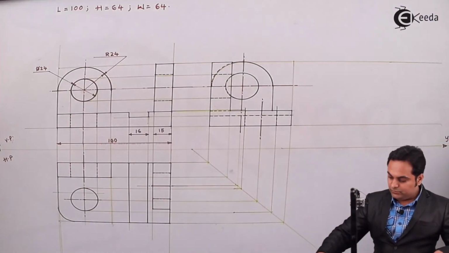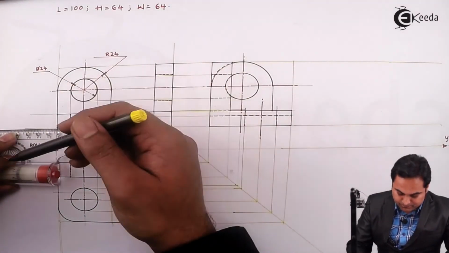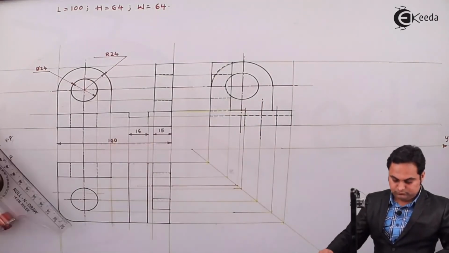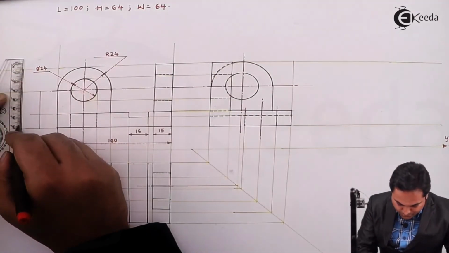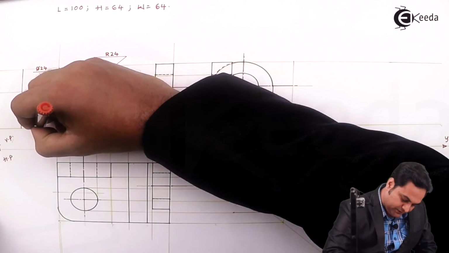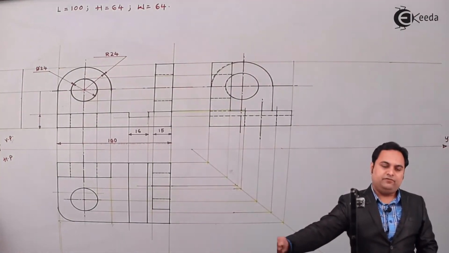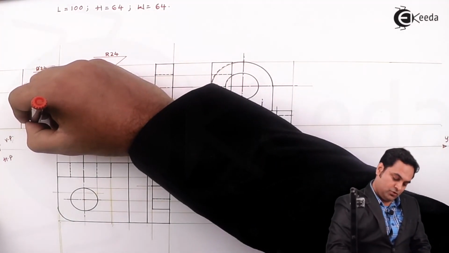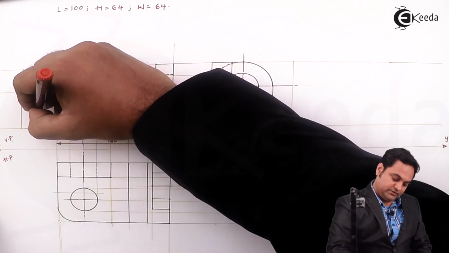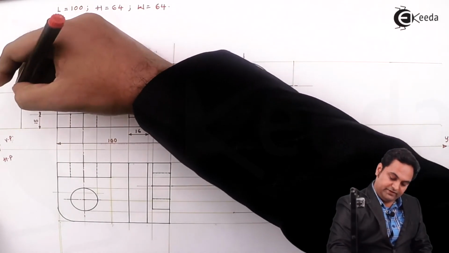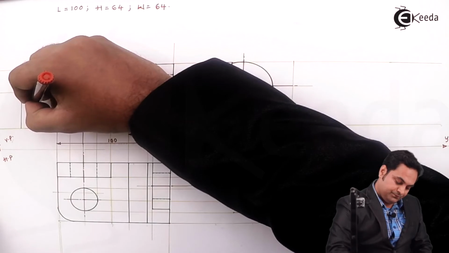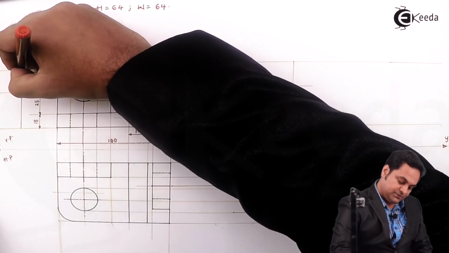Here the center is located at a height. This plate is having a height of 15 mm. Then over that, the center is located at 25 mm distance.